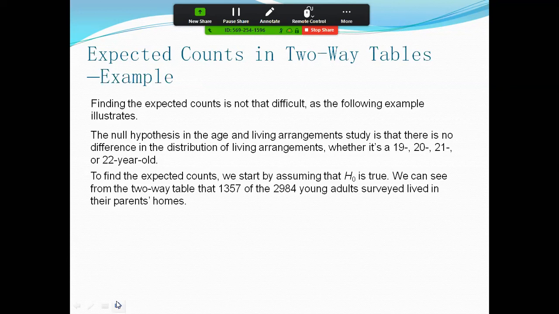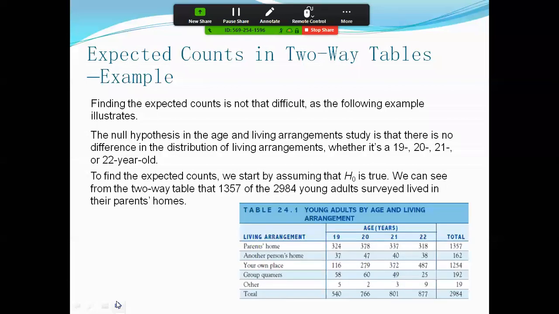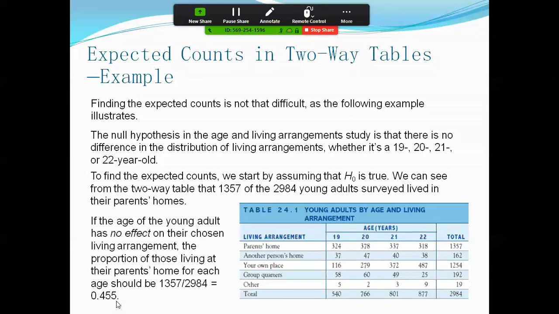To find the expected counts, we start by assuming that H0 is true. We can see from the two-way table that 1,357 of the 2,984 adults surveyed lived in their parents' homes. The age of the young adult has no effect on their chosen living arrangement.